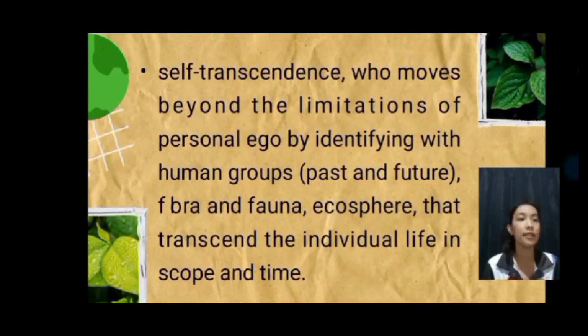Self-transcendence in nature could involve feeling a deep connection with the environment, appreciating the beauty of landscapes, and recognizing one's role in the broader ecosystem. For example, you might find joy in protecting wildlife habitats, participating in conservation efforts, and understanding how your actions impact the delicate balance of the natural world.